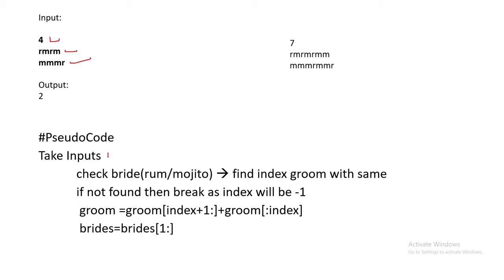First of all, we will take inputs, then we will check if the bride is rum or mojito, then we will find the index of a groom with the same. If the first bride is R, then we'll find the index of R in the groom set, which is this one. So 0 1 2 and 3. This is our index.